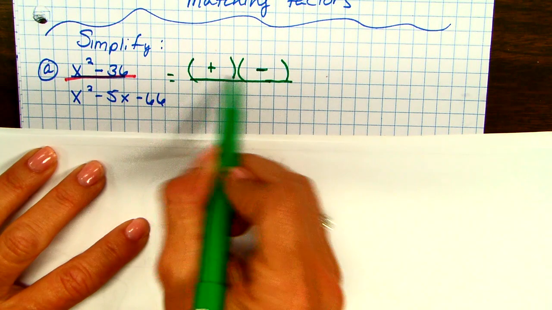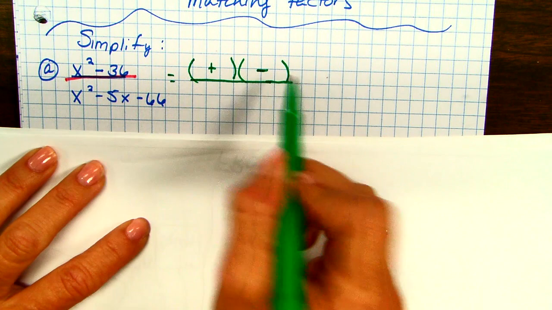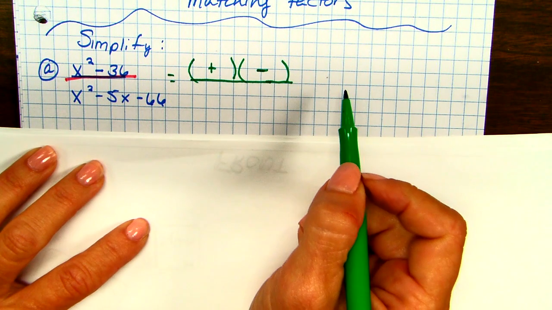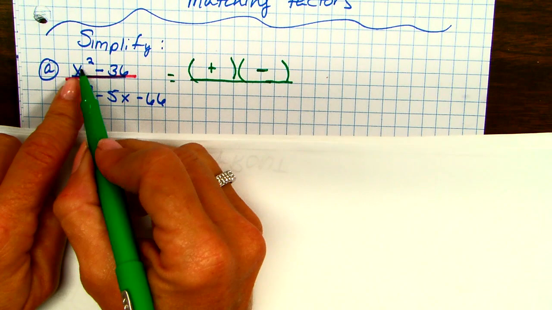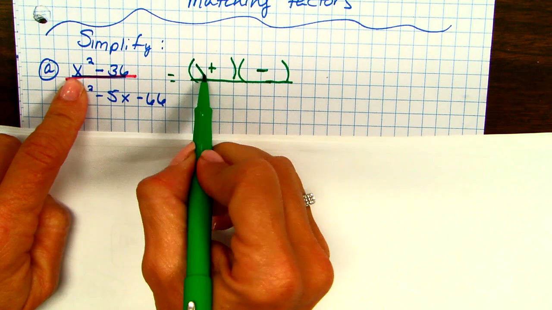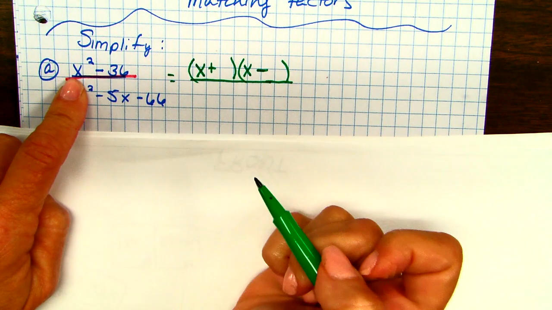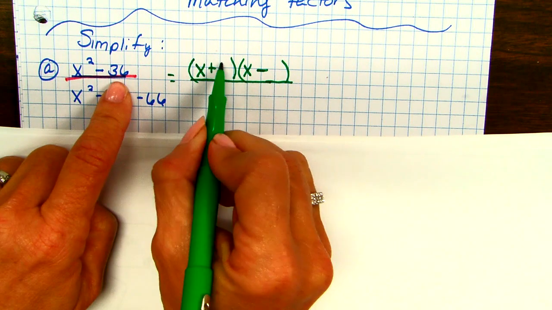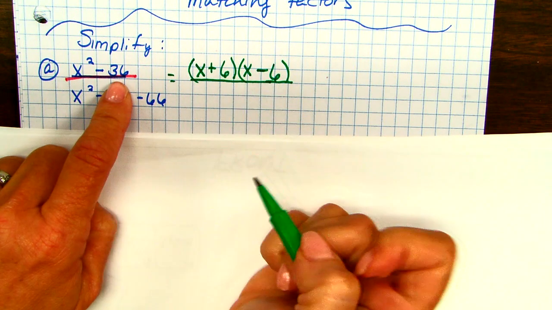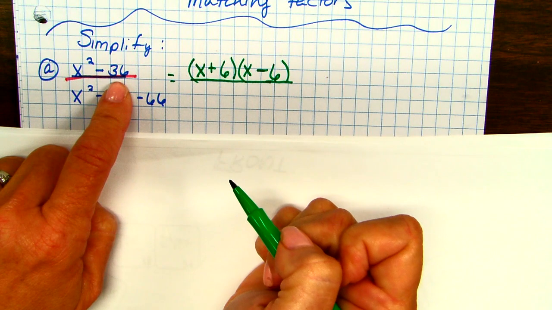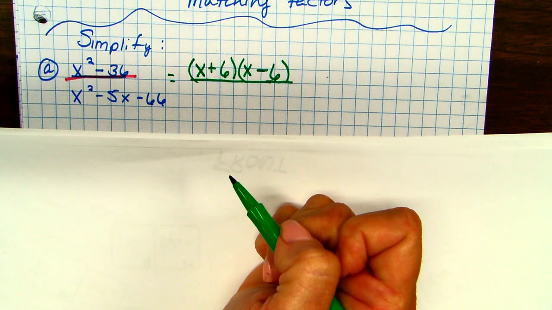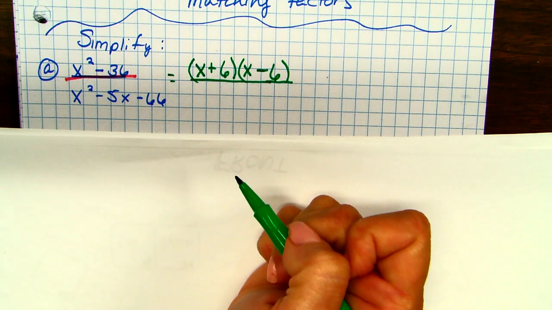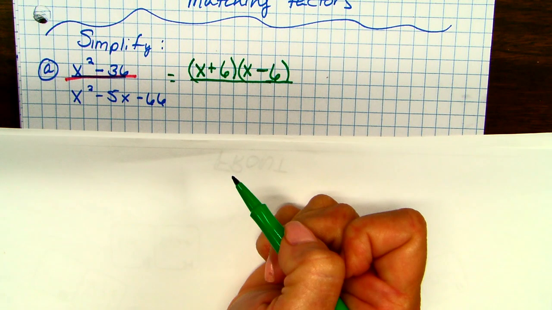It doesn't matter if you have the plus or the minus first, because everything else in the parentheses is identical. We do the square root of x squared. See how it's in the first spot? It goes in the first spot of these parentheses. And then the square root of 36, 6, and 6. Okay, so that's factored. The numerator is factored.